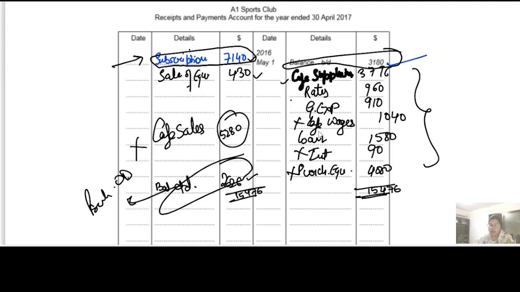And the subscription, because here we take all subscriptions, right? But out of this subscription we are only going to record 7,000 which is of our current year. It means 140 we are not going to record. Okay, so these items you are not going to record in your income and expenditure account from the receipt and payment account.